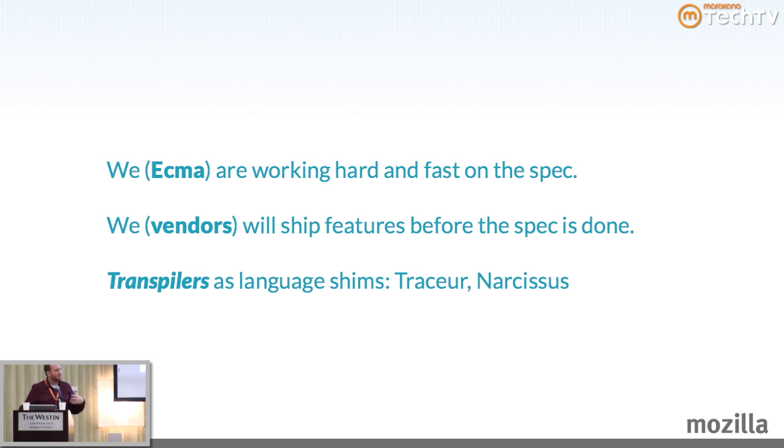So what we're hoping is this will let people start using the language before it's actually shipping in the browsers. And as a stopgap, they can compile down to the version of ECMAScript that is in the browsers, but in time, when there's native support for more and more of the features, they can use less and less of that compilation and get better performance and possibly a better debugging experience.